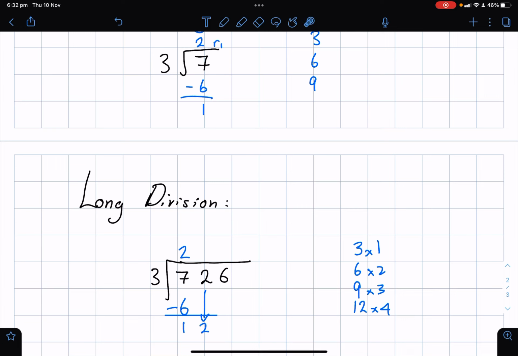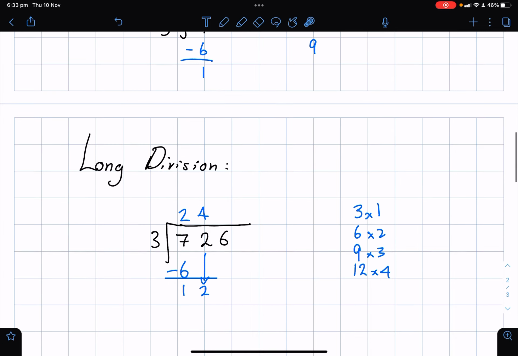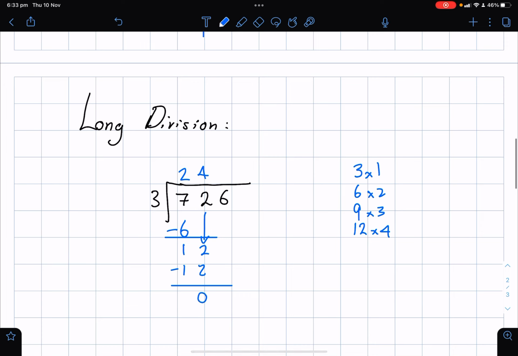Now we look at how many times does 3 go into 12? Well, over here, we've got 12 here, so we know it goes in 4 times. So we put a 4 there. Now, just like before, when we did 2 times 3, we now do 4 times 3. 4 times 3 we know is 12. We just did that. When we subtract that off, nice straight line there, we get 0.